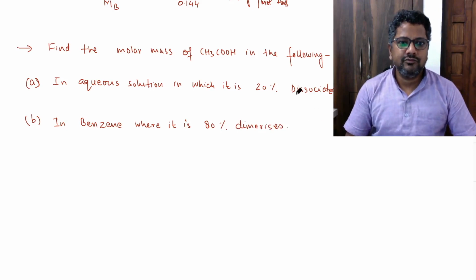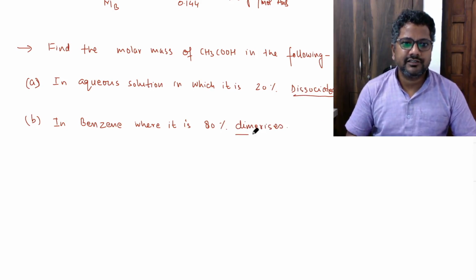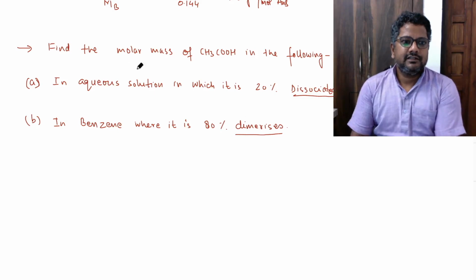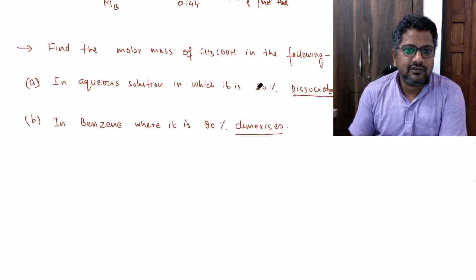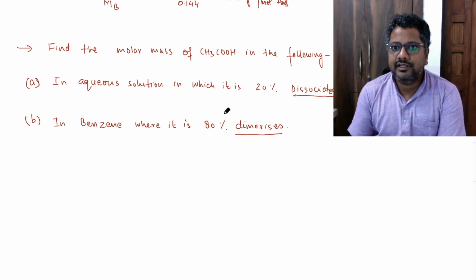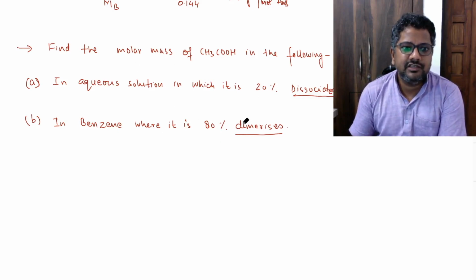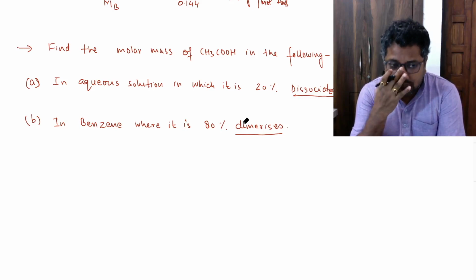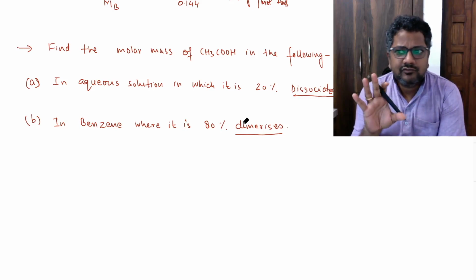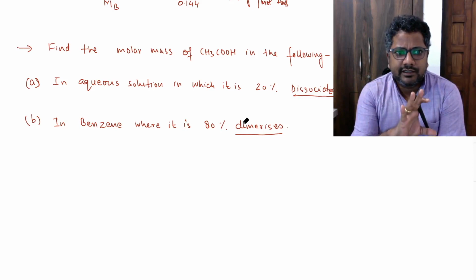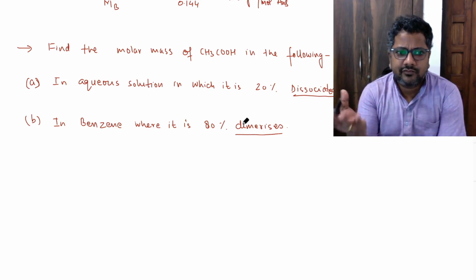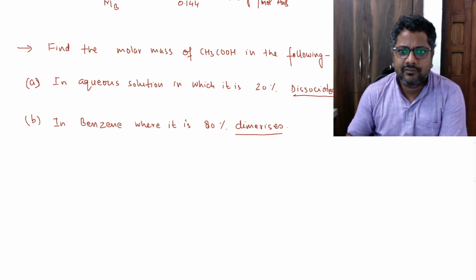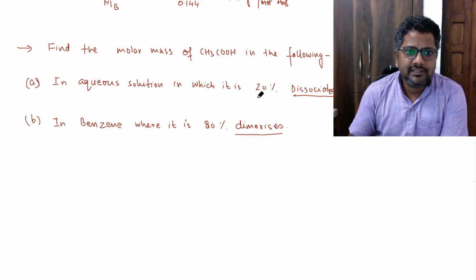See, we have two different situations for acetic acid, that in aqueous solution where it is 20% dissociated, and in benzene where it is 80% dimerized, right? Nothing is given, so initial quantity not required for I. Alpha is given, so this is alpha degree of dissociation and this is alpha degree of association.